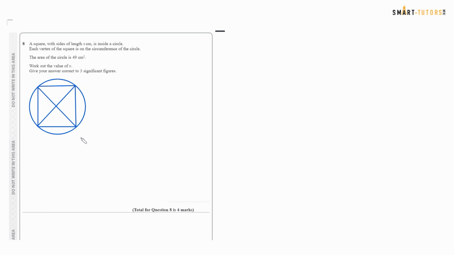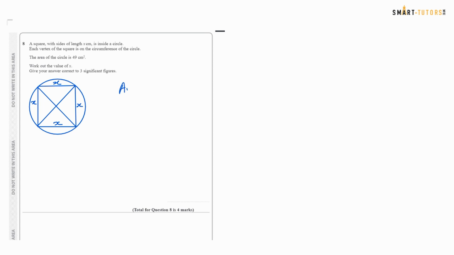Let me repeat that again. The square's diagonals are going to be intersecting at the center point of the circle. In other words, the diagonal of the square is going to be the diameter of the circle. So with that idea, I'm going to mark the square as x centimeter each side. So this is going to be x. All four sides are going to be x.